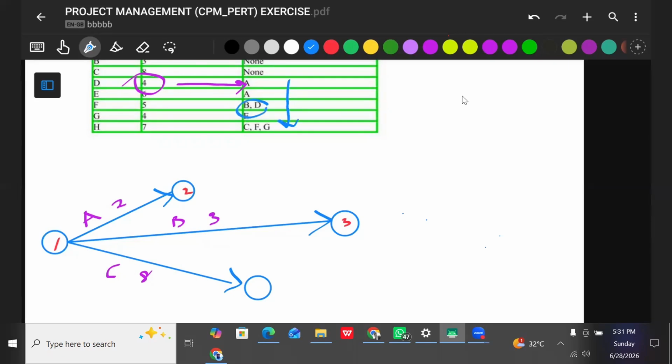Activity D meets with B at a point. If you don't know this, you can as well draw it, but at the end of the day, you have to clean and start again. So what am I trying to say? This is activity A, this point here. That's where it stops. So we are picking D from that point, and we are picking D to meet with B here.